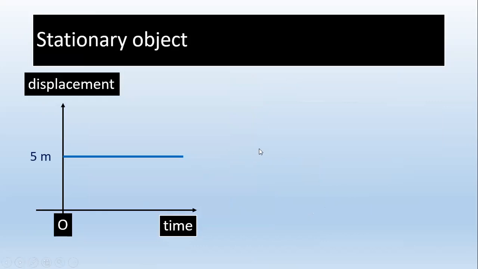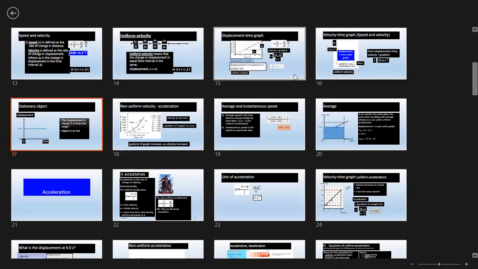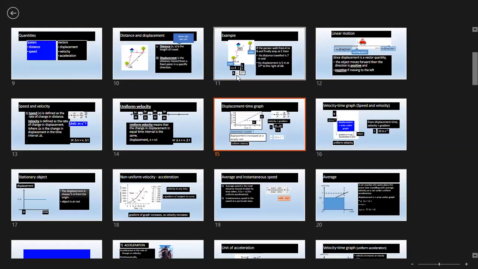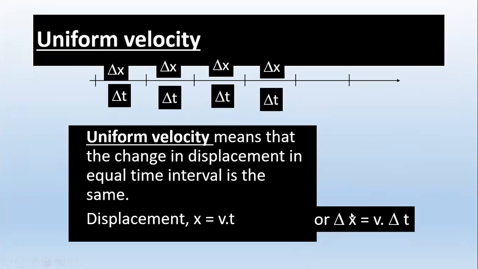As you can see from this equation, in the velocity-time graph, this area is the displacement.